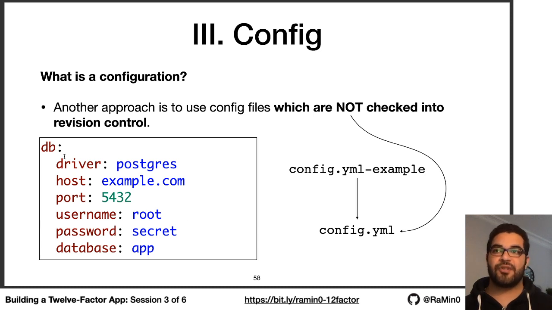So it will have the same structure with the keys, but for the values you can supply some example values, so that anyone who clones your repo will be able to generate their own config.yml file from this example file, and then modify the values inside of it to meet their setup or environment. So now you make it easier for new developers joining your team to be able to run the app and recreate the configuration files that are needed by the app.